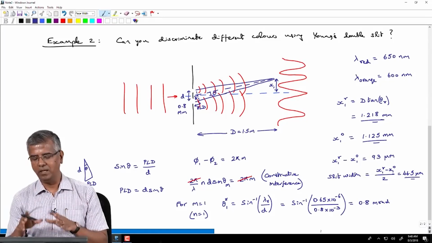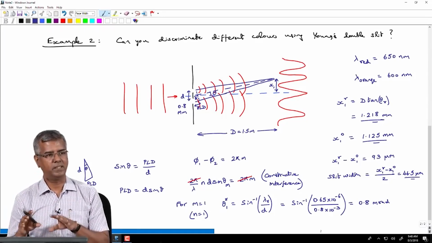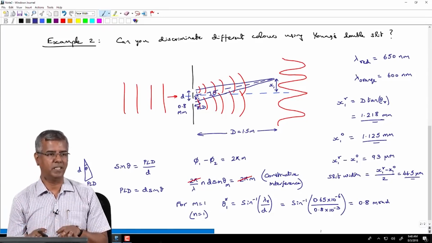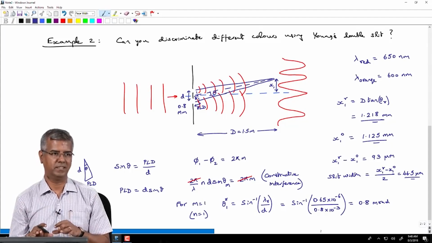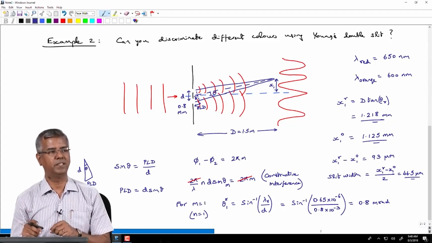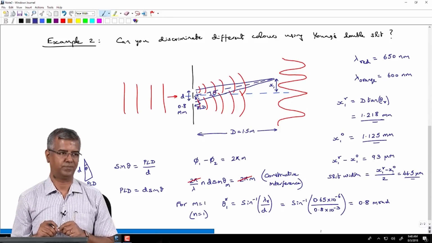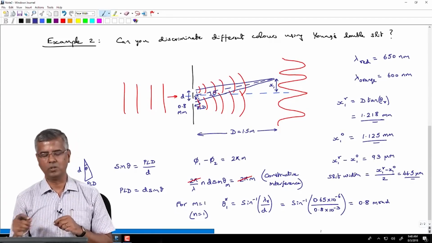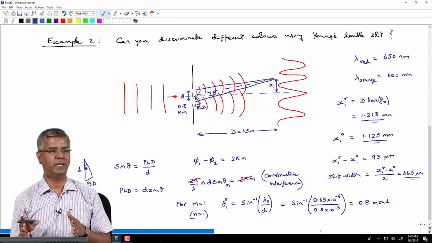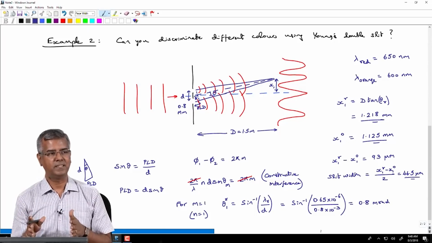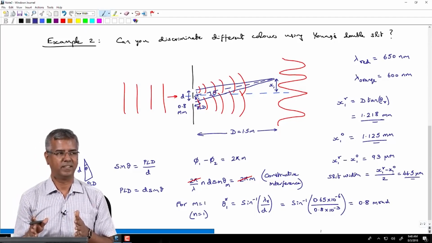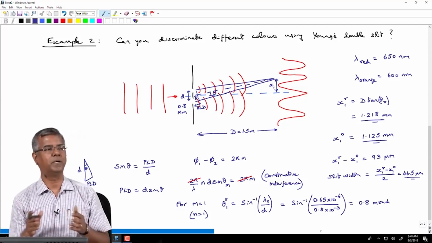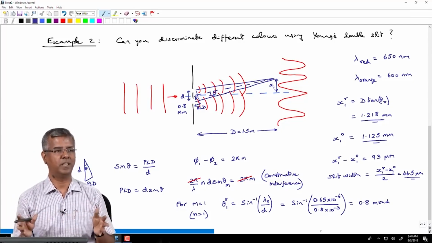But essentially what we are seeing here is that whenever we talk about interference of light, that interference is actually wavelength based. Okay. So, you can use that interferometer as what? A spectrometer. A spectrometer, what does it do?